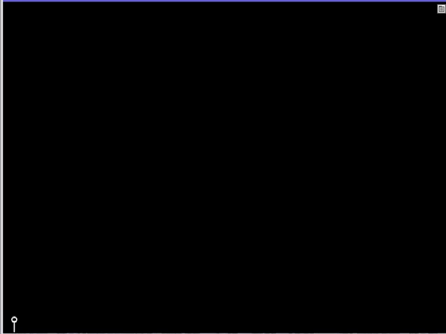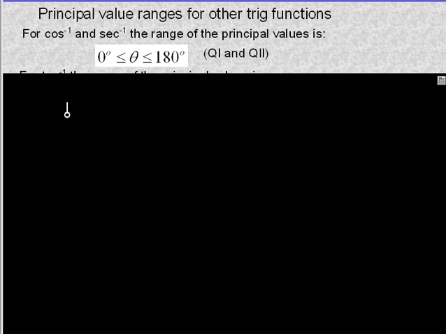All right, so let's look at the other functions. Principal value ranges for other trig functions. For cosine and secant, they're going to go from 0 to 180. So that means they're going to be in quadrant 1 and quadrant 2, because these are going to give you the smallest absolute value. The smallest absolute value of positive ratios come out of quadrant 1. The smallest absolute value negative ratios come out of quadrant 2.